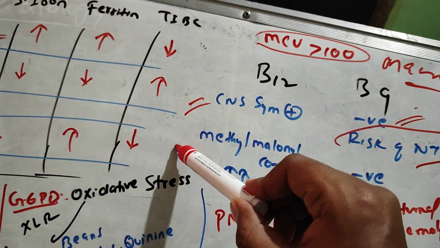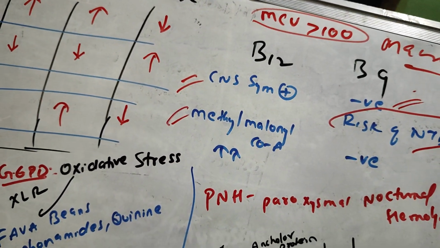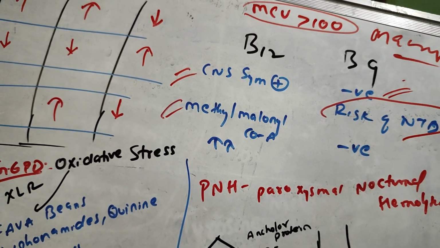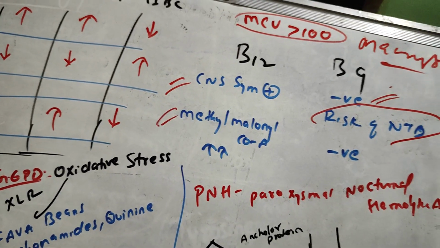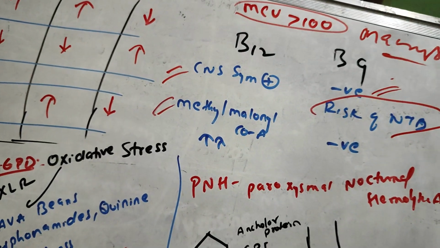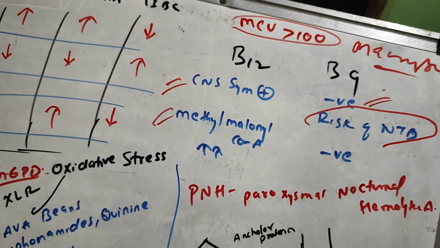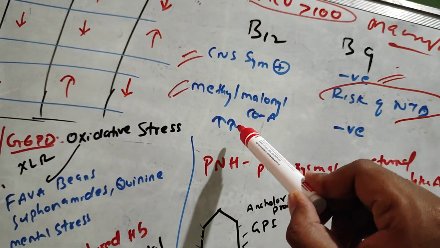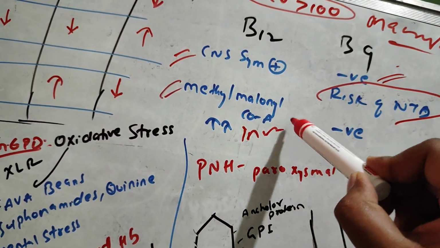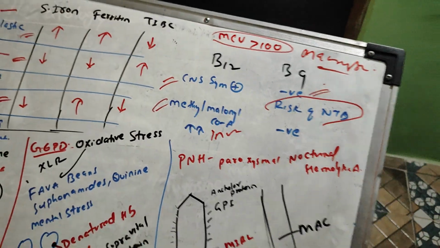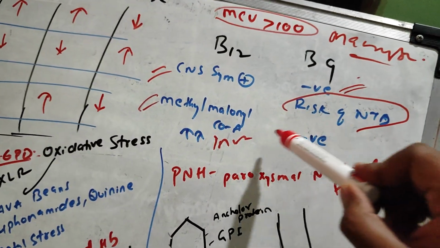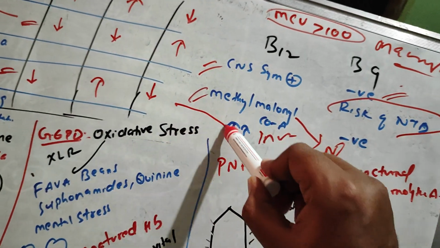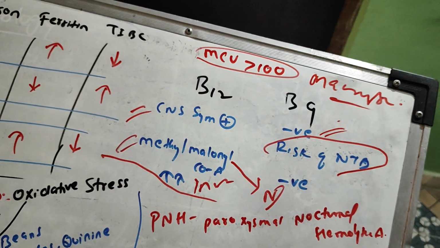But in B12 deficiency we can also see an increase in the levels of methylmalonic acid in the urine, while in B9 this value is normal. This is what they will give in the question.